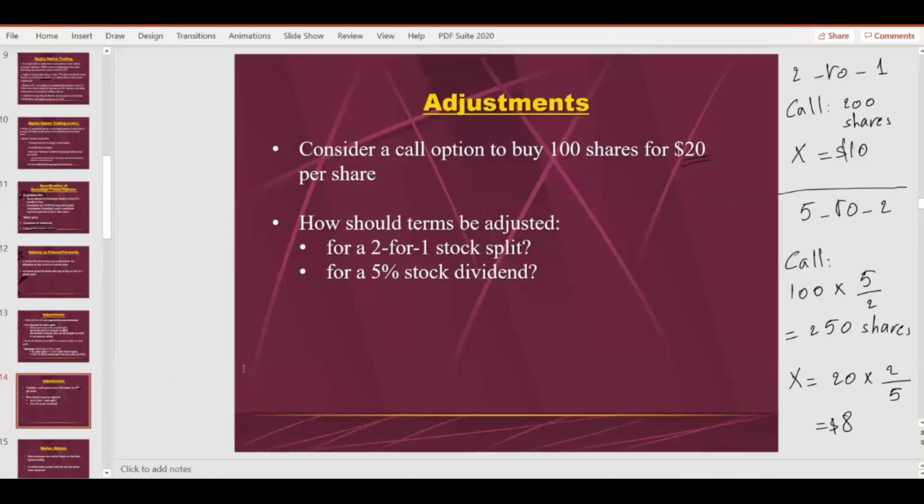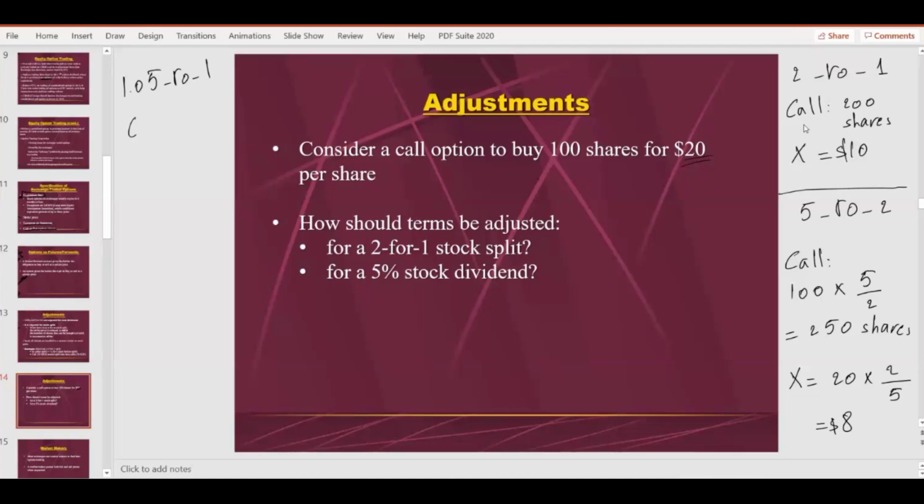Now for a 5% stock dividend. In this case, it's similar to having a stock split of 1.05 to 1. This means for every 1 share, I will have now 1.05 shares.